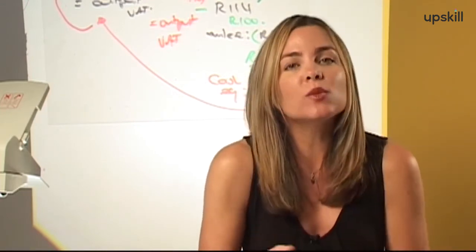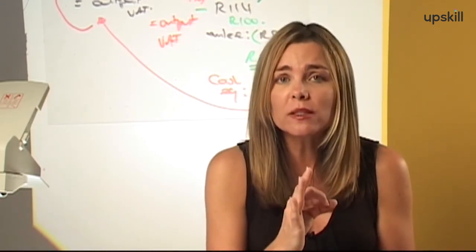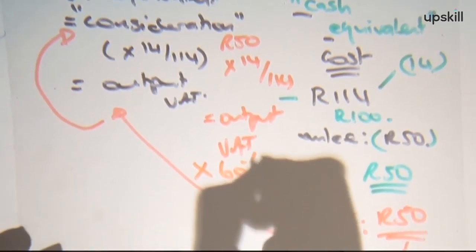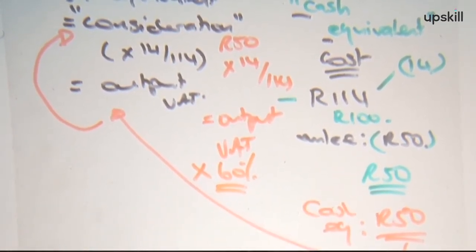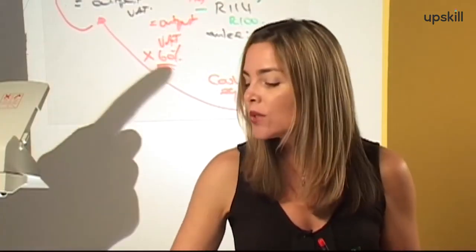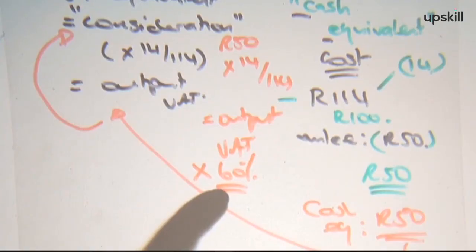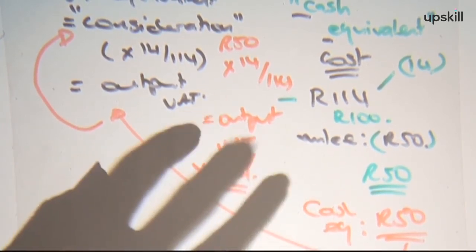Remember, always when it comes to fringe benefits, the output VAT will be triggered to the extent that the employer makes a taxable supply. So once we've taken that consideration amount for the deemed supply, worked out the VAT fraction, we will still multiply that by the percentage taxable supply, standard or zero rated, made by the employer, and then calculate any output VAT.